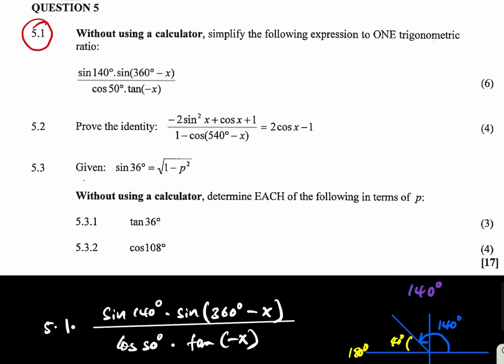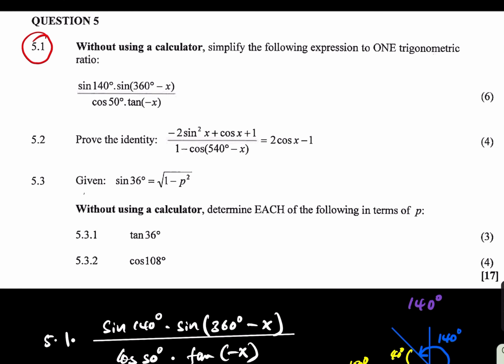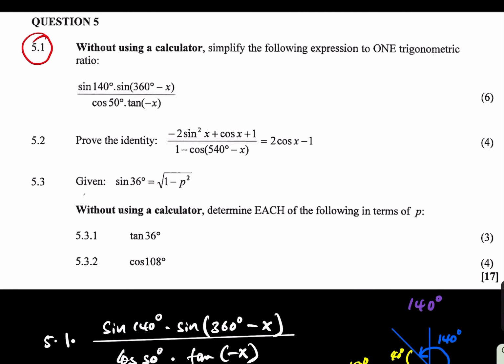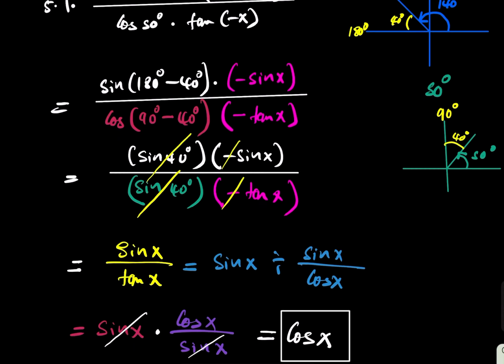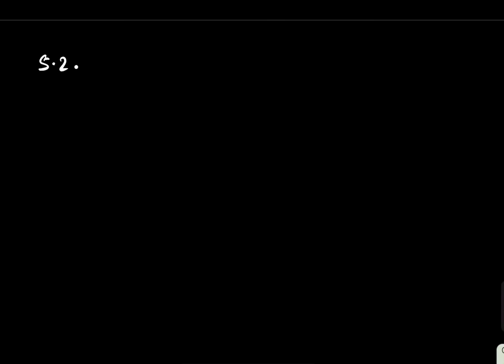They are saying to us, prove the identity: minus 2 sine square of x plus cos x plus 1 over 1 minus cos of 540 degrees minus x is equivalent to twice cos x minus 1. So let's copy it down and play with that.